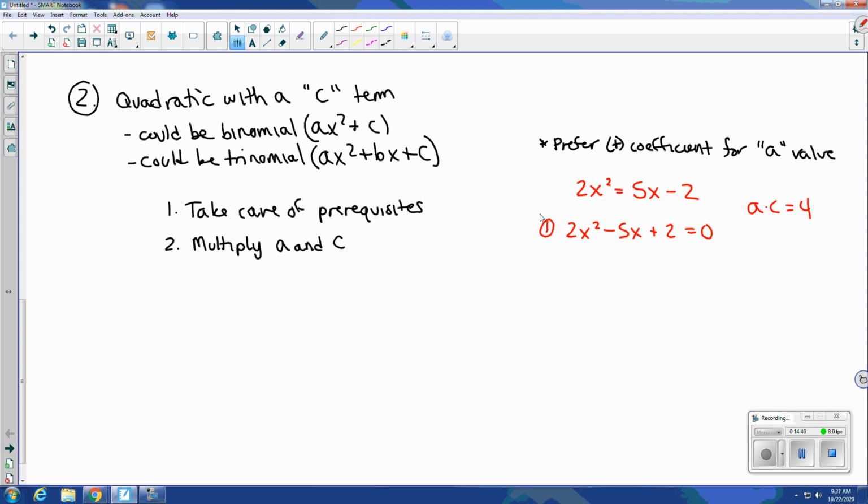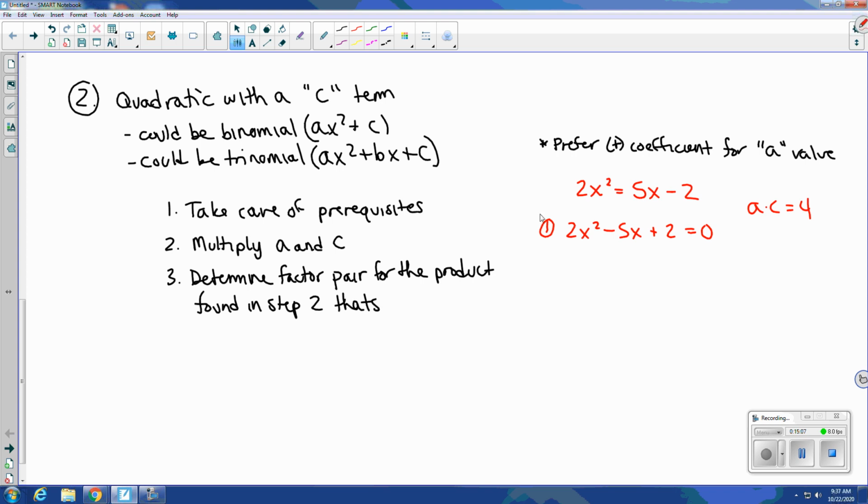Next, you are going to determine the factor pairs of the product of a and c that add up to b. So determine the factor pair for the product found in step 2 that adds up to b.